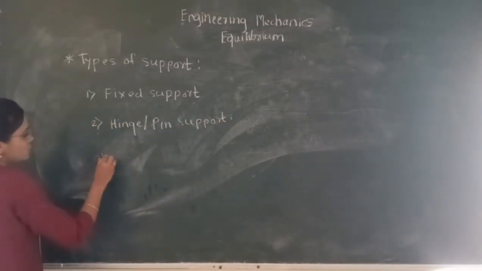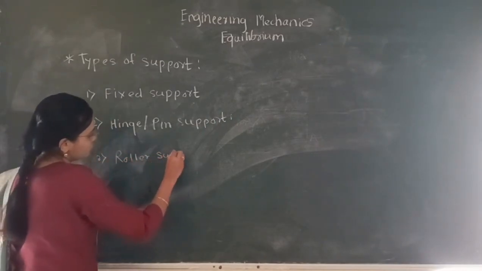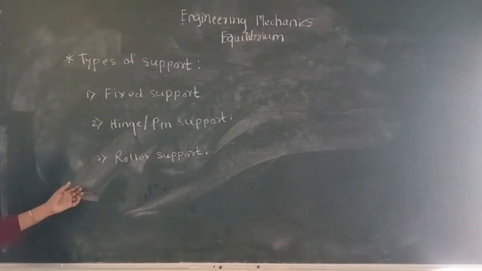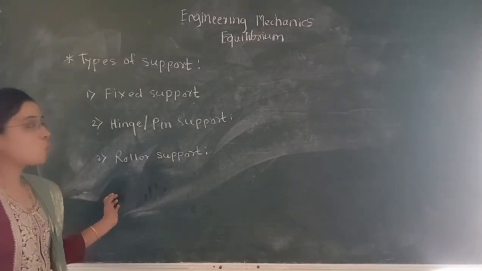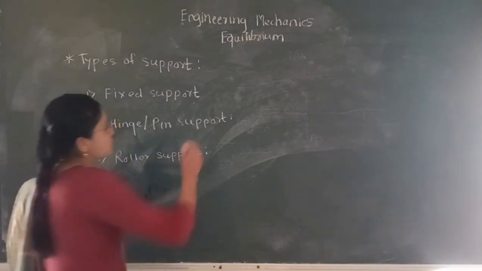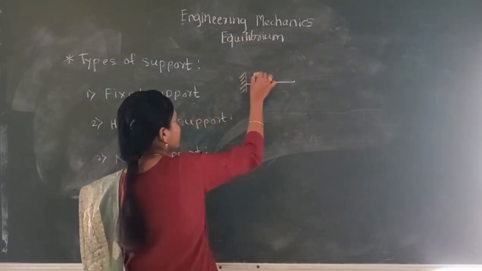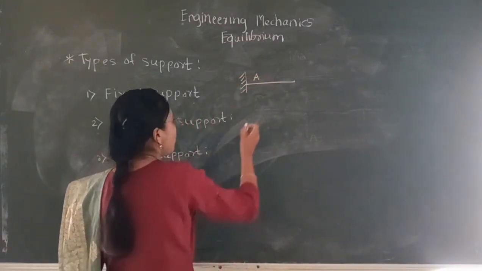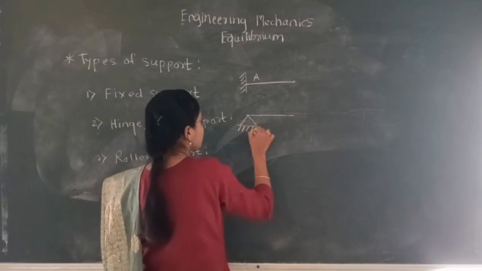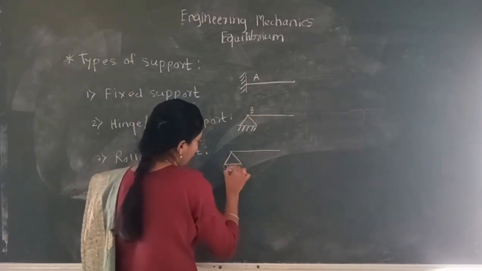The third type is roller support. We use standard signs to show whether it is fixed support, hinge support, or roller support. For fixed support, we use this type of sign. For hinge or pin support, we use this type of sign. To show roller support, we use this type of sign.